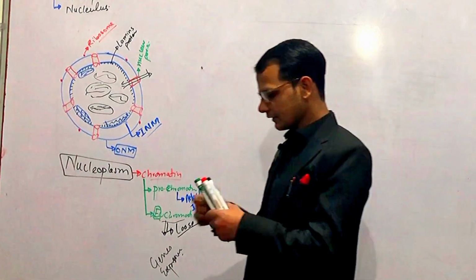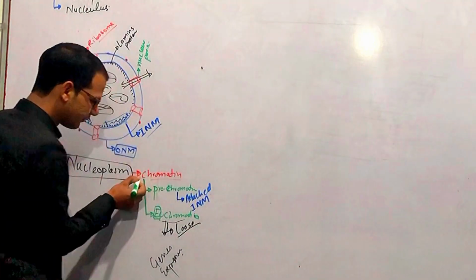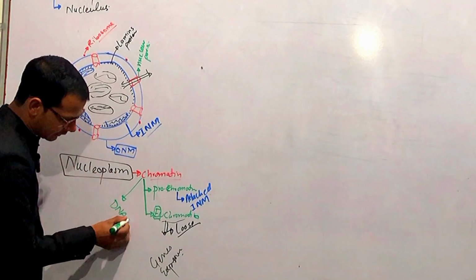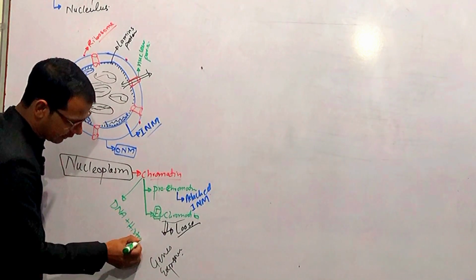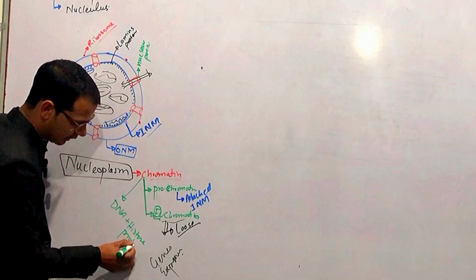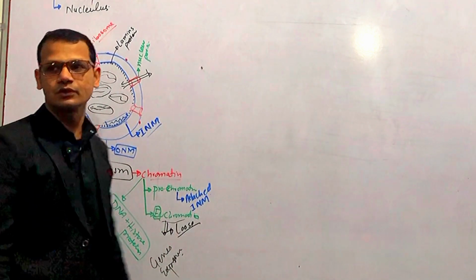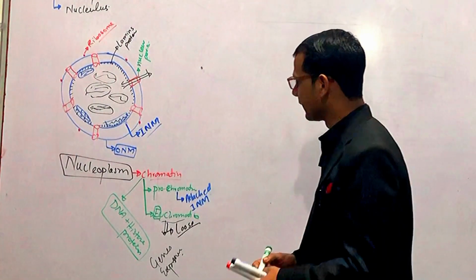And the chromatin is made up of DNA plus histone proteins, and today we will go into very big detail for DNA and histone proteins.